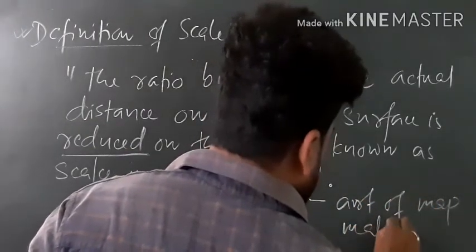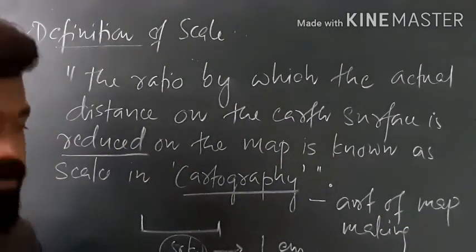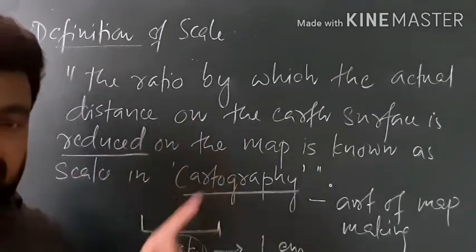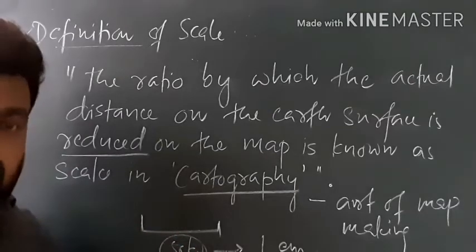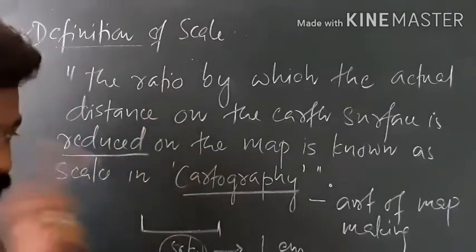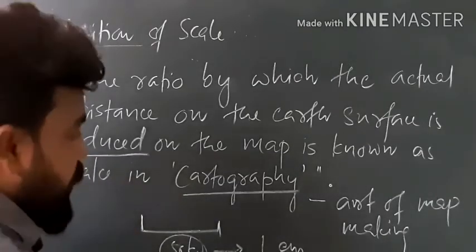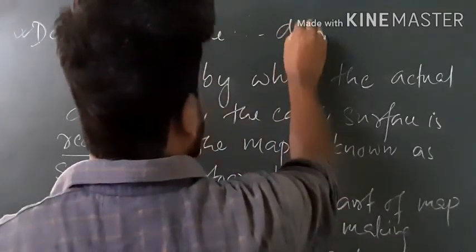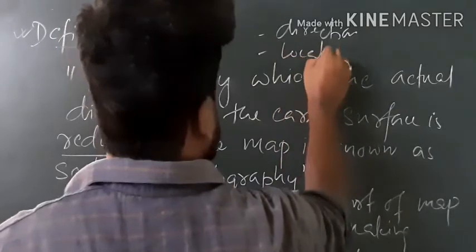So when we construct a map to represent any place, suppose we are constructing the map of India, and we are representing the transport and network communication of India. We first convert to the map's actual size. Yesterday I told you, a map requires scale, then direction, then location.